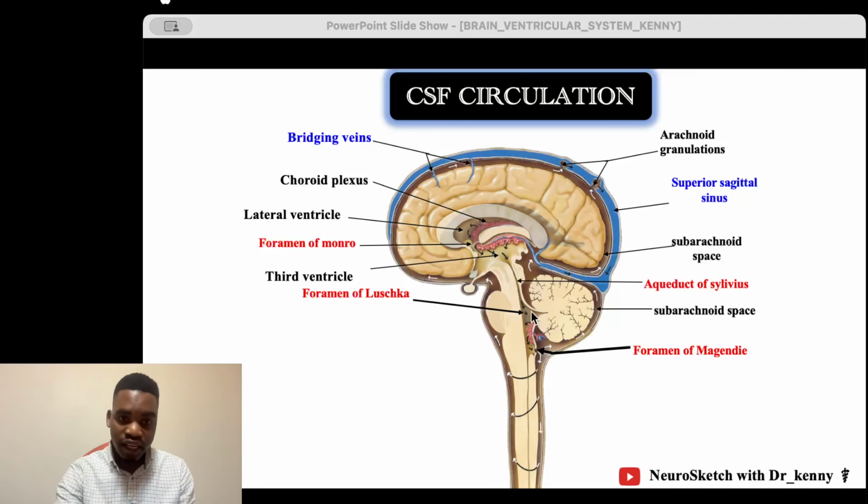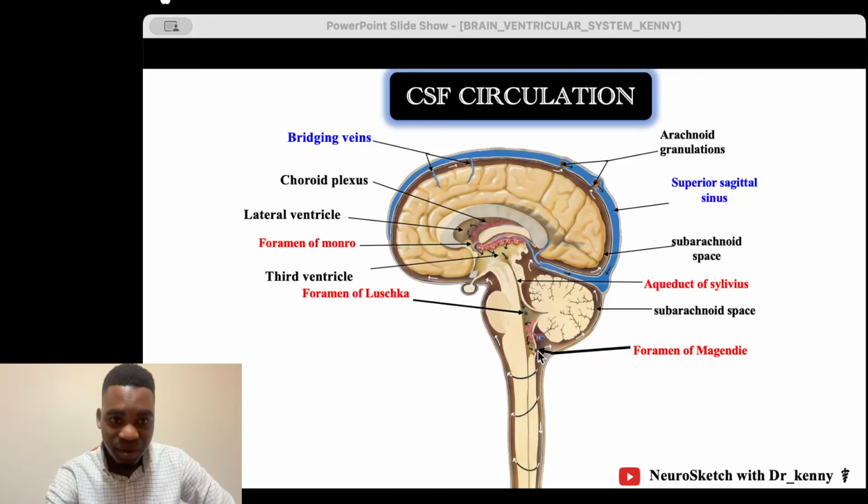It goes to the fourth ventricle, and then from the fourth ventricle we have routes by which the cerebrospinal fluid leaves the ventricular system. Number one, we have the foramen of Luschka. This is a sagittal section and we are looking at the right side of the brain, so we can see only the right lateral aperture, the foramen of Luschka, which is on the lateral side.